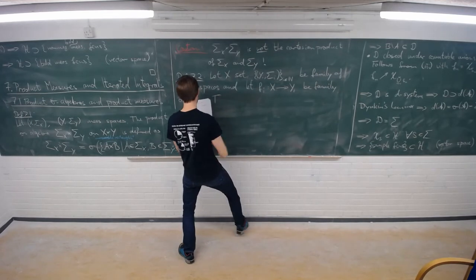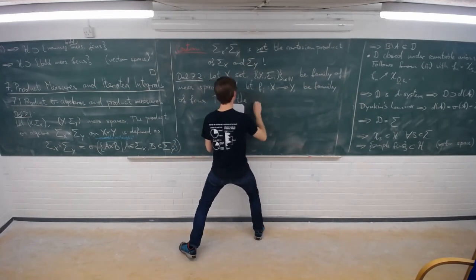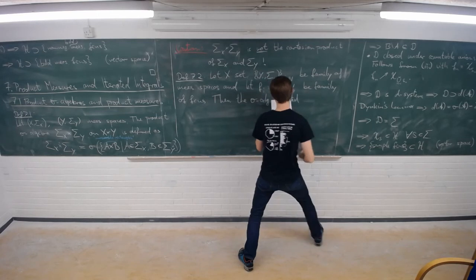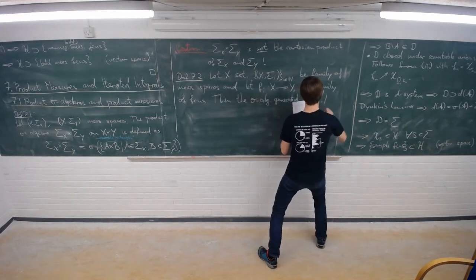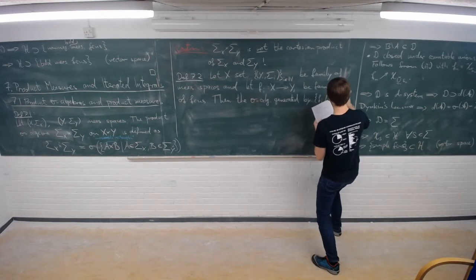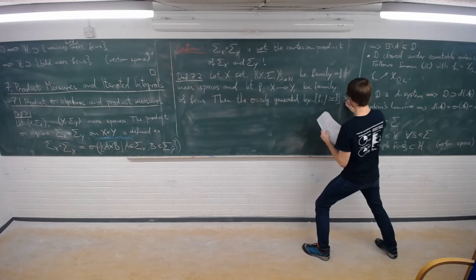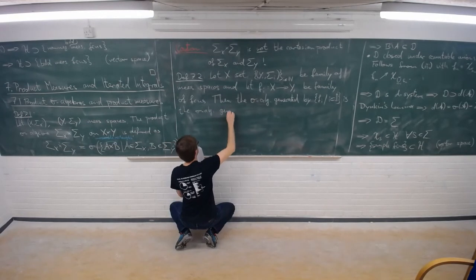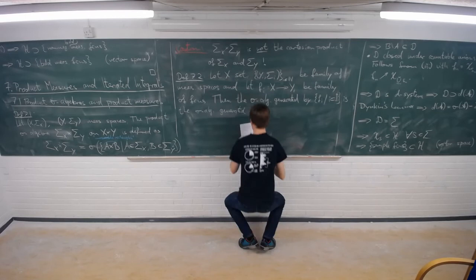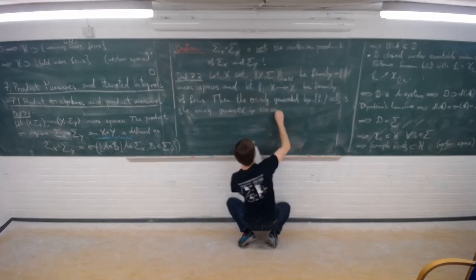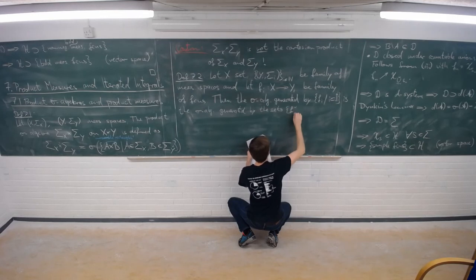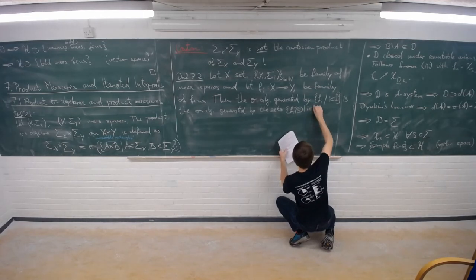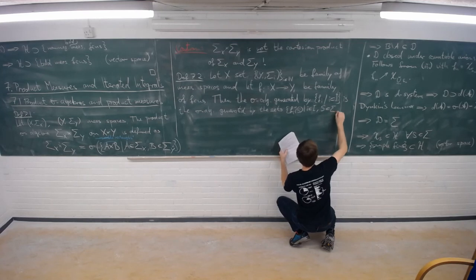Then the sigma algebra generated by the f_i is by definition the sigma algebra generated by the sets f_i inverse of S such that i is in I and S is in Σ_i.